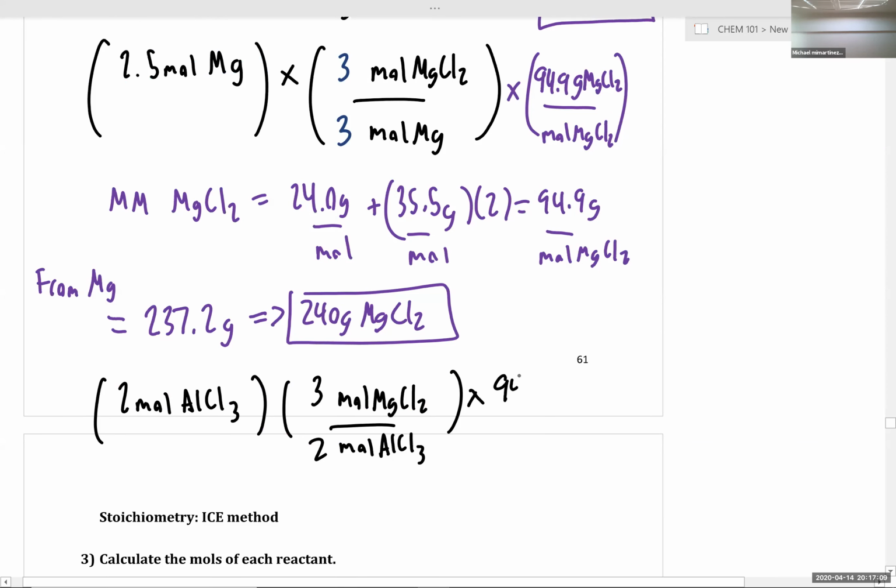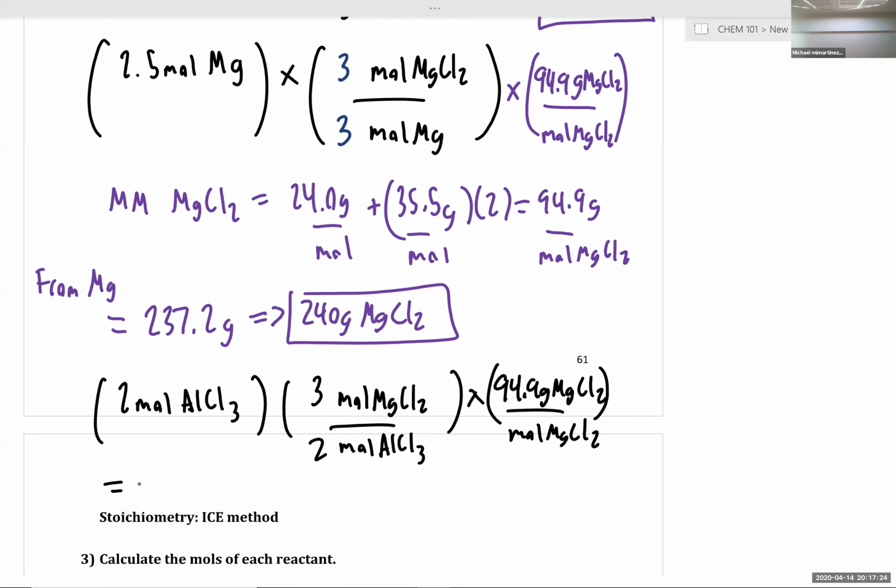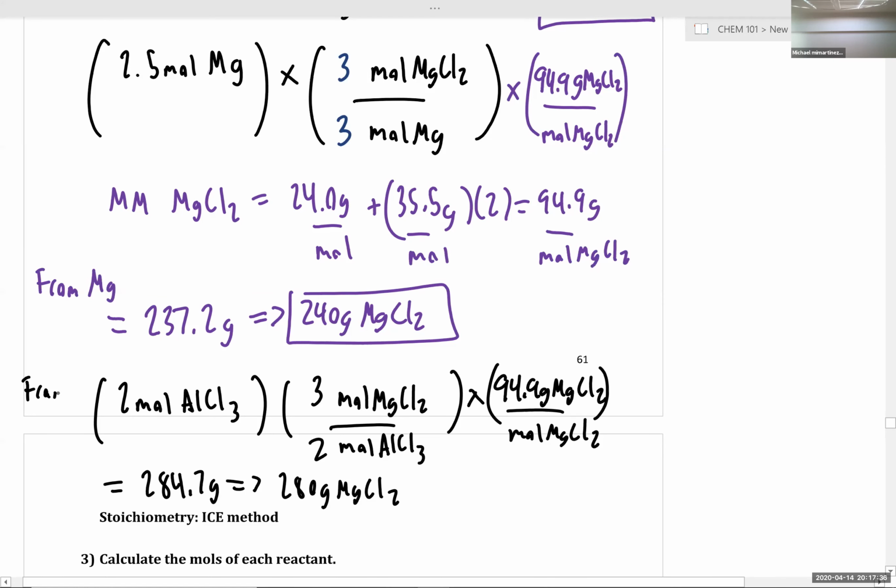Finally, we have 94.9 grams of magnesium chloride per mole of magnesium chloride. And if we punch that into our calculator, we get a total of 284.7 grams, which we round to 280 grams of magnesium chloride. And this is from our aluminum chloride.